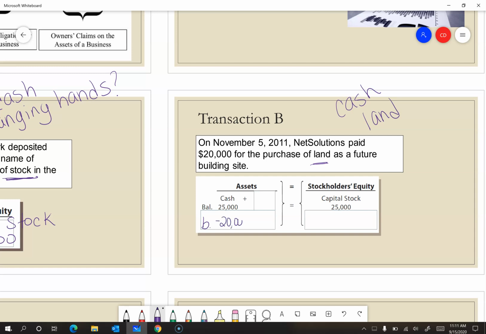Minus $20,000 cash plus, and we're going to add an account called land, and that's going to be a plus $20,000. Okay? And then we need to update our balance like we do after each transaction. Right? That's why I have this box over here for us. And we bring this down. So we spent $20,000 in cash, but we got $20,000 in land, and our capital stock remains unchanged.